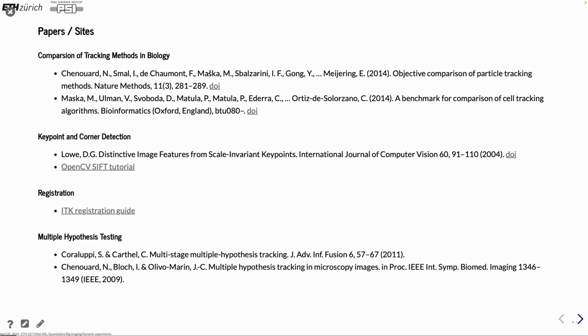There is also a bunch of papers and sites. For example, here we have some tutorials and registration guides which could be relevant if you want to implement these things.